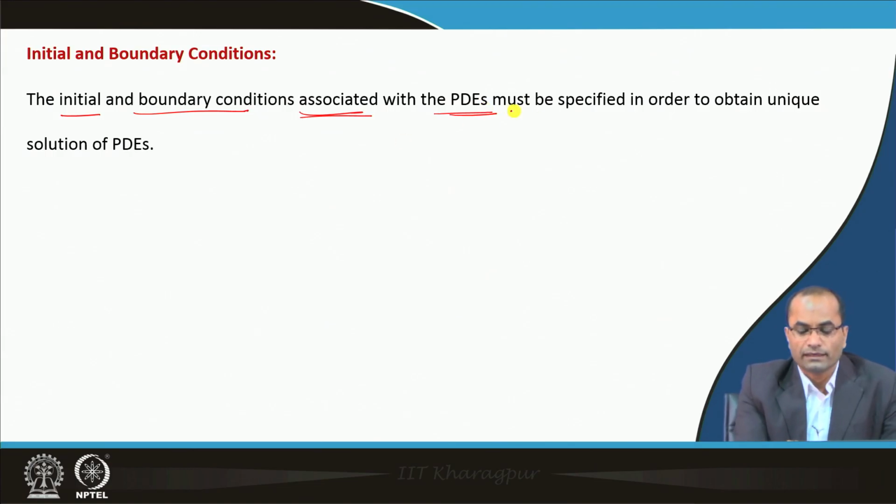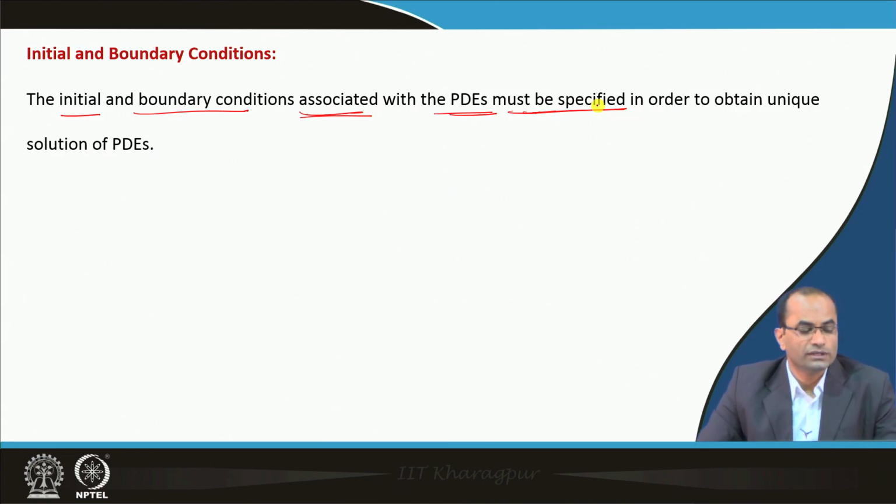These conditions, the so called initial and boundary conditions, must be specified in order to obtain a unique solution of the PDE, because if we just give the PDE, we can find the general solution for instance, but that will not be the unique solution. In reality, in applications when we model the equation, our interest is to have the unique solution of that problem.